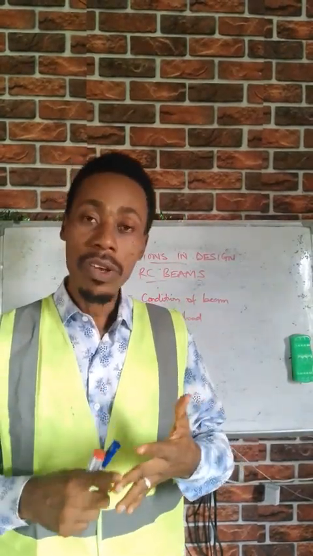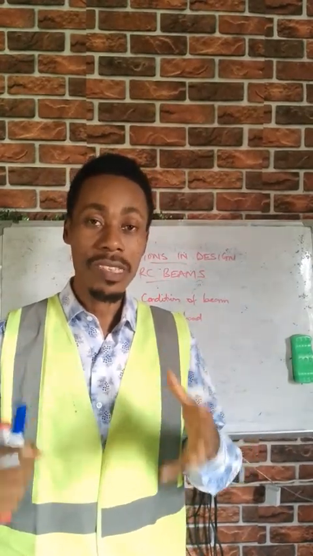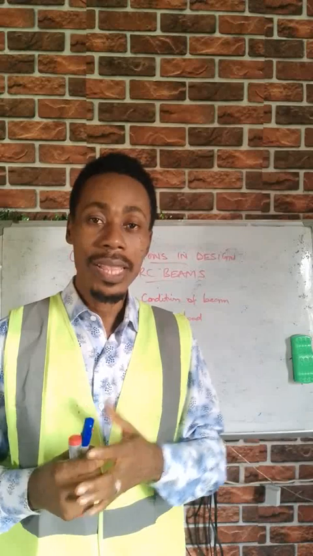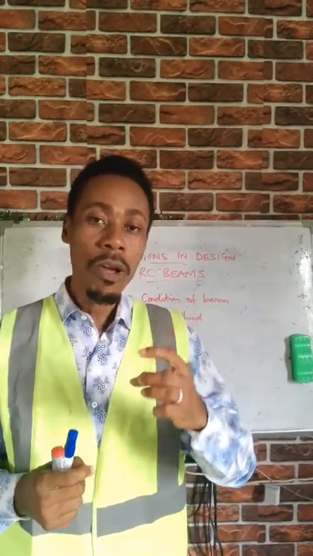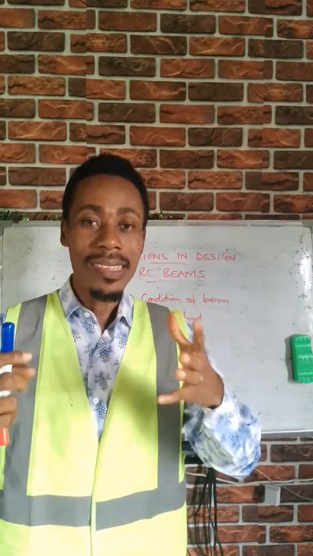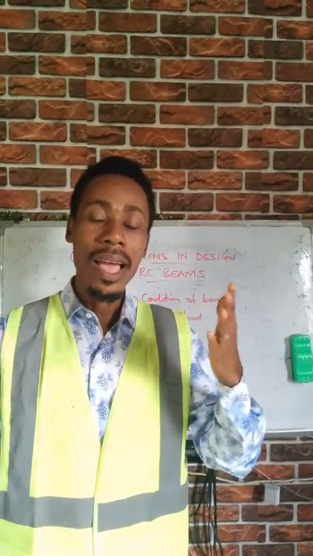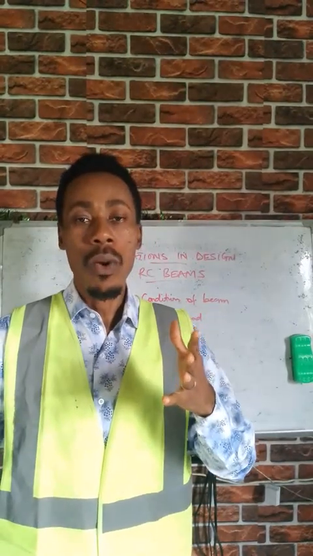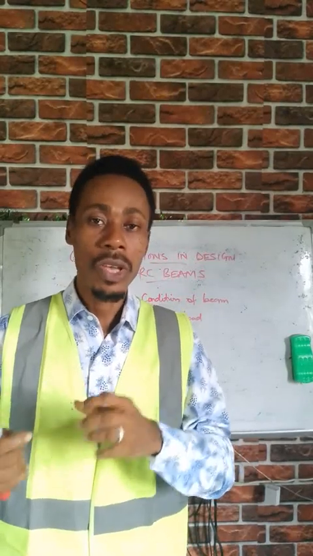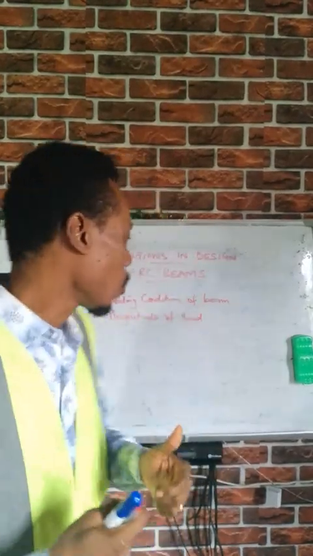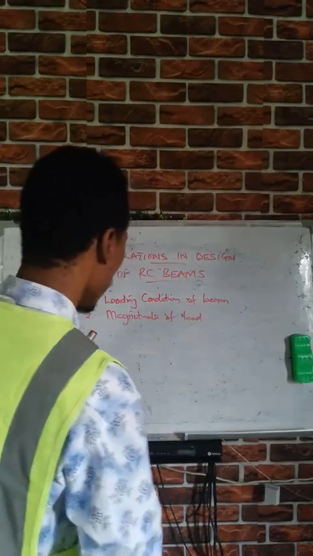You have to also consider the other weights, the dead loads that are constituted in that building, that the beam is expected to carry and transfer. You must understand the magnitude of the load, so it can give you a clear picture of what you are expected to come up with as the output of your design. So it is important you consider the magnitude of the load.